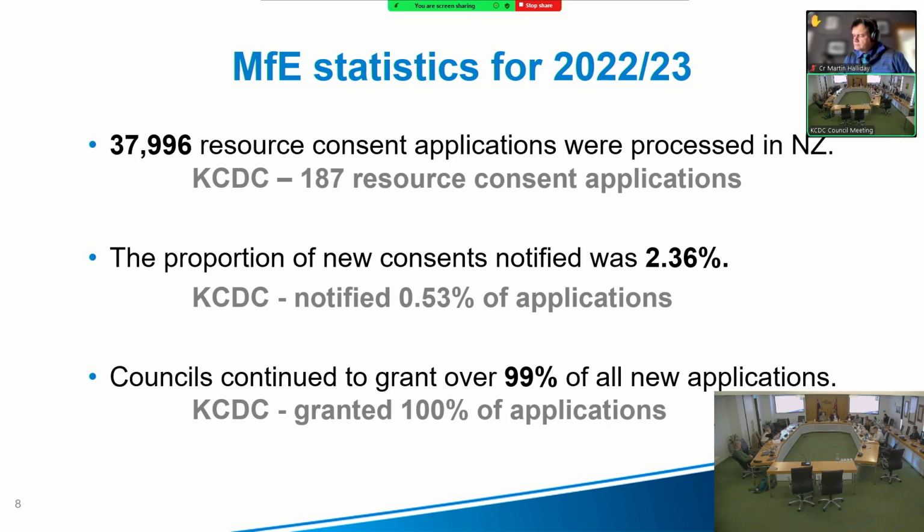We have to ask for further information, and then it's a back and forth negotiation with applicants to ensure that we get the information that we need. And it's only when all of that has been satisfied that we are in a position to consider, okay, we've got the information that we asked for, now let's consider whether we need to notify it. So that's only in the last 20% of the process, right?